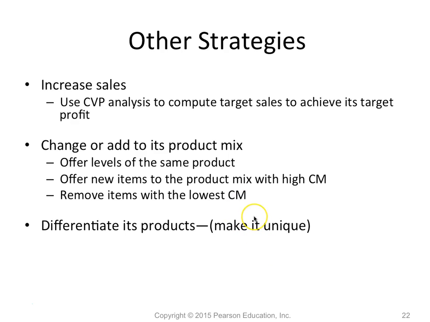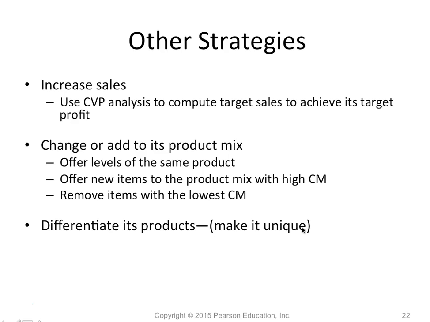Differentiate your product, make it unique. What does that mean? If we're selling something that everybody's selling, and people have many choices, why do they choose your product? Here we want to differentiate it from everybody else, so we want to make it unique.